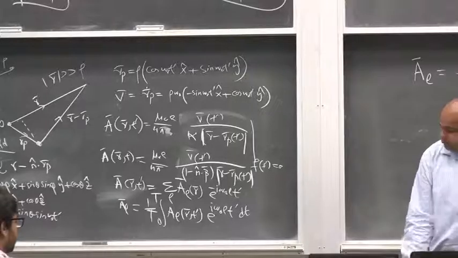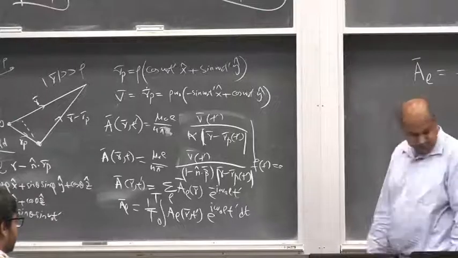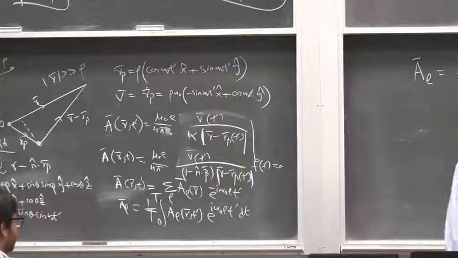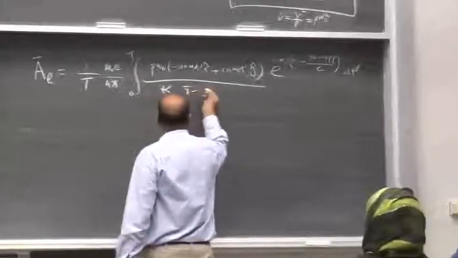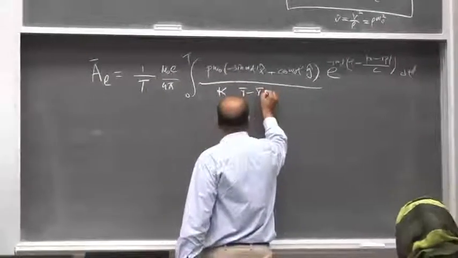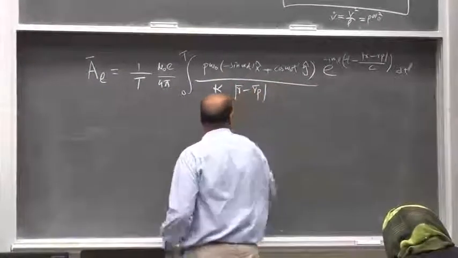We can work in either, but let's say we are in dt, then this is this, and in place of t prime we have this thing, and this is kappa over R minus R prime.